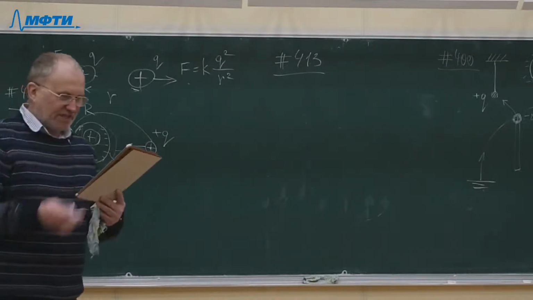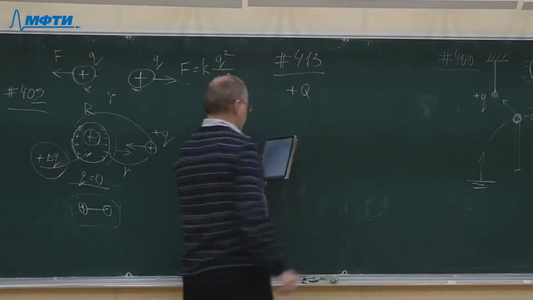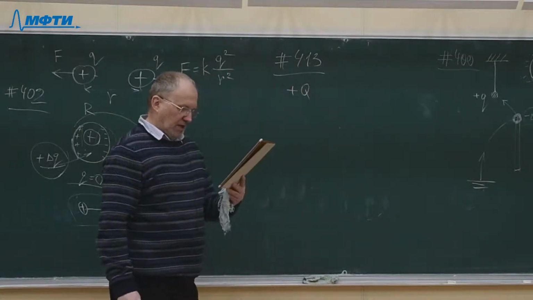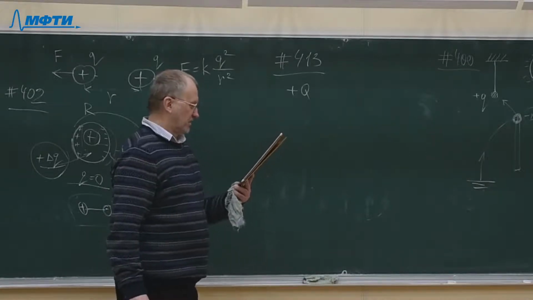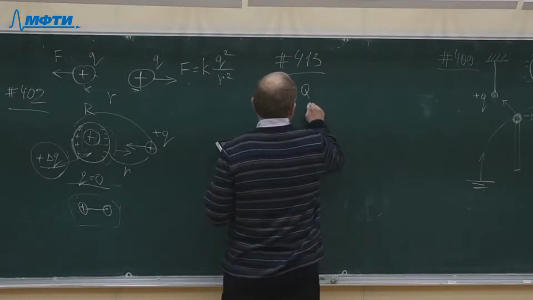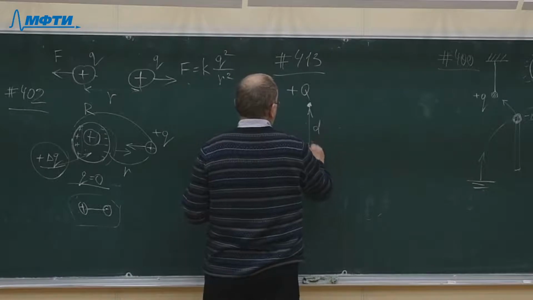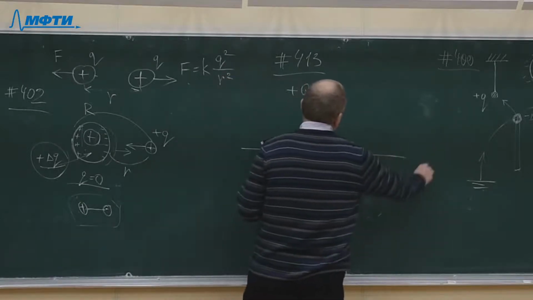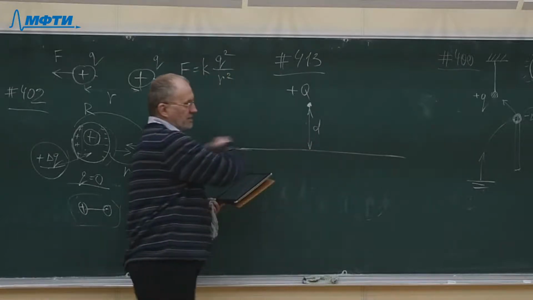The point electric charge plus Q is at a distance d from a large conducting plate. So this point charge is placed at a distance d from a large conducting plate, infinitely large, so large that we can consider it infinite.